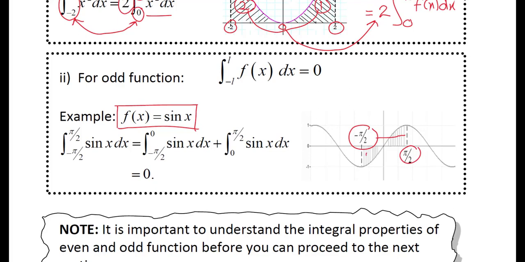The first region is from negative pi over 2 to 0, integrate sin x dx, and then the second region is from 0 to pi over 2, sin x dx. So when you integrate from negative pi over 2 to pi over 2, you will get 0. This one is the integration of the odd function.